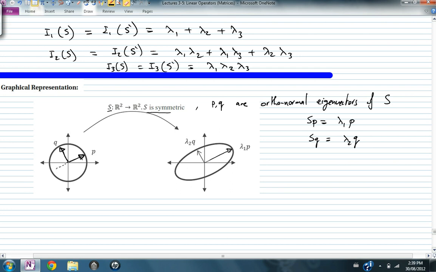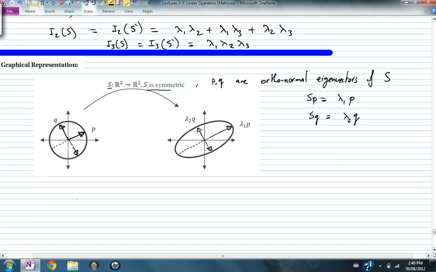Of course, S multiplied by negative P, because it's a linear map, is equal to negative lambda 1 multiplied by P. And S multiplied by Q may be the same length, or shorter, or slightly longer, and in the opposite direction, which means that because S is symmetric, it represents extension in the direction of its eigenvectors. So S extends or contracts its eigenvectors.